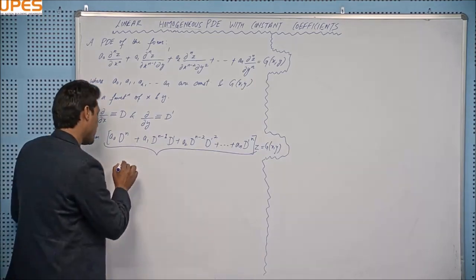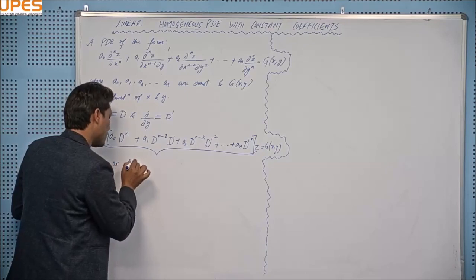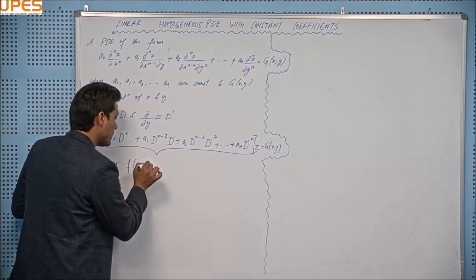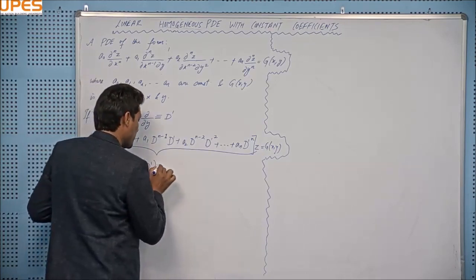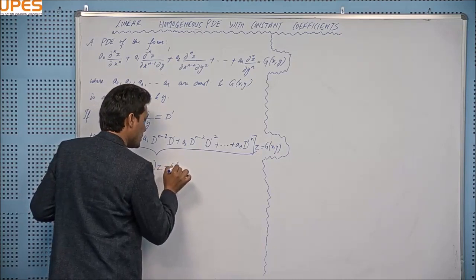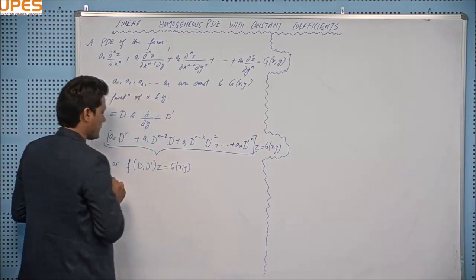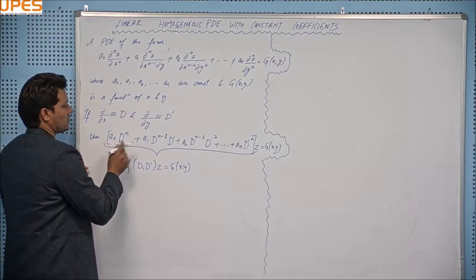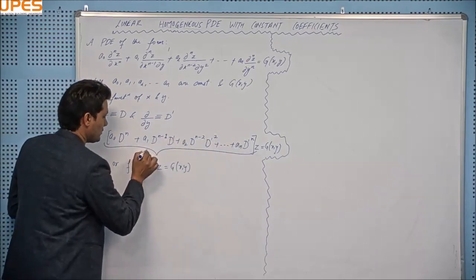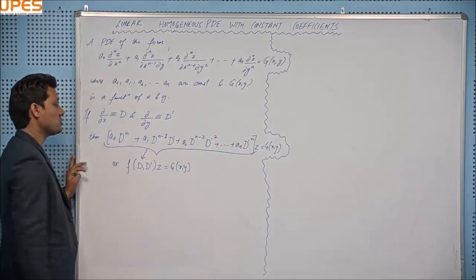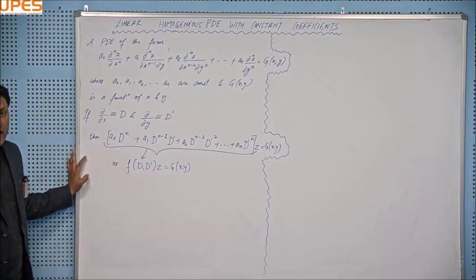So it can be simplified to this form also: f D comma D dash z equal to g x comma y, where this whole term in the parenthesis has been replaced by f D comma D dash.